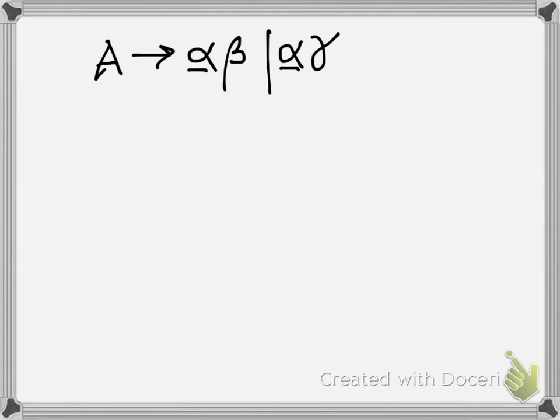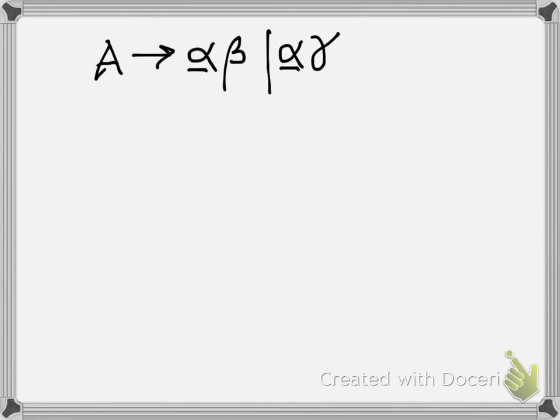So for parsing, I am confused as to which production to use, because if I look at the next input symbol and I get an alpha, I don't know whether to apply the first production or the second production.